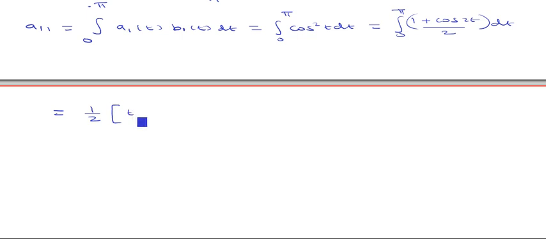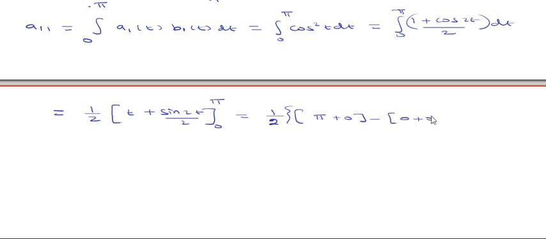Since sin 2 pi is 0 and sin 0 is 0, we get pi by 2.